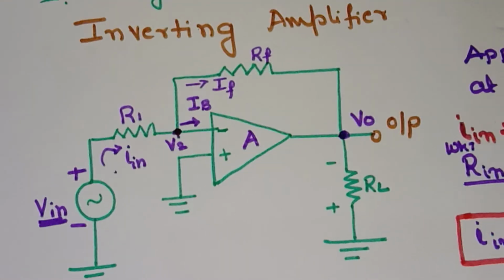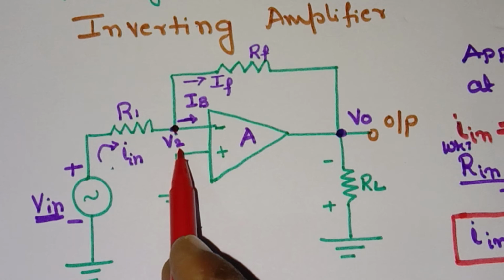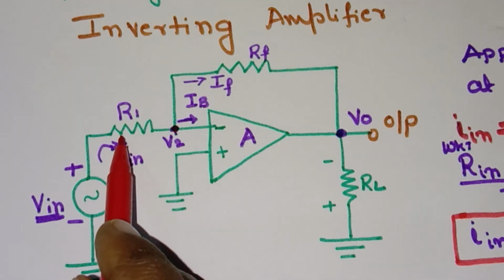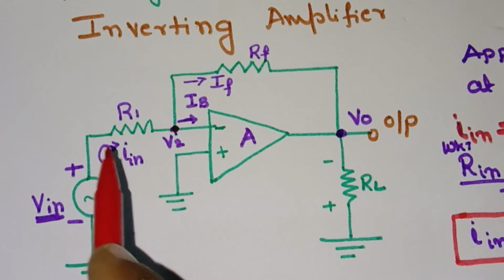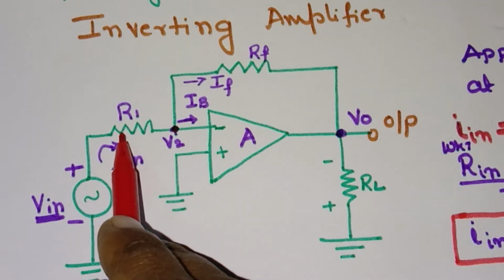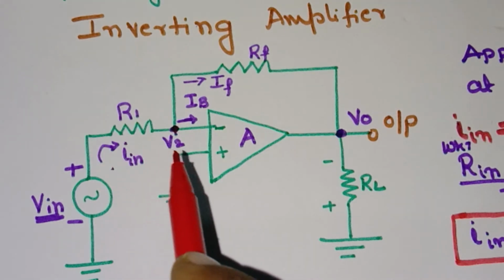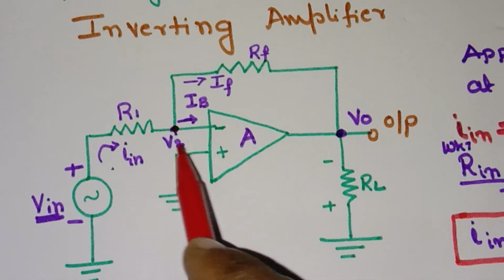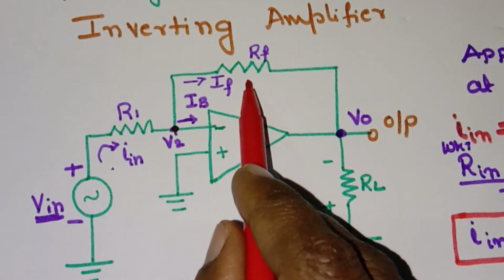Just see in the figure, IN can be written as V in minus V2 divided by R1. In the same way, IF can be written as V2 minus V out divided by RF.